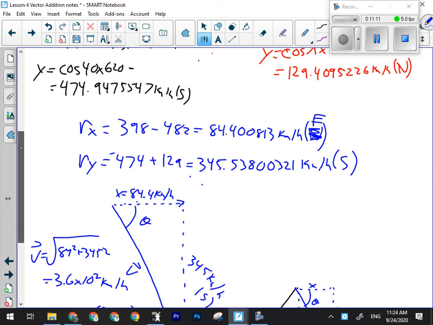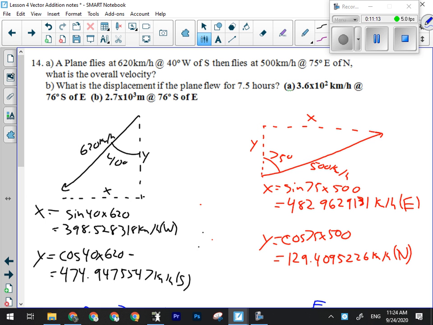All right, the second part of that question wanted to know what the displacement is if the plane flew for 7.5 hours. Well, that's just this calculation here. We just calculated v, we know t is 7.5 hours, so we take our 3.6 times 10 to the 2 kilometers per hour, multiply by 7.5 hours, and we get 2.7 times 10 to the 3 kilometers at 76 degrees south of east.